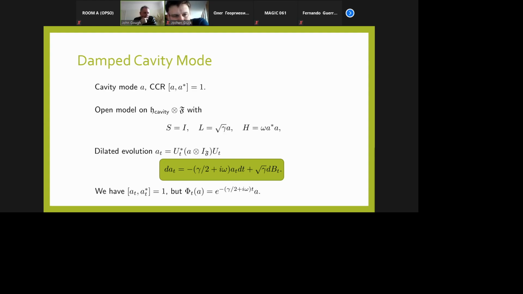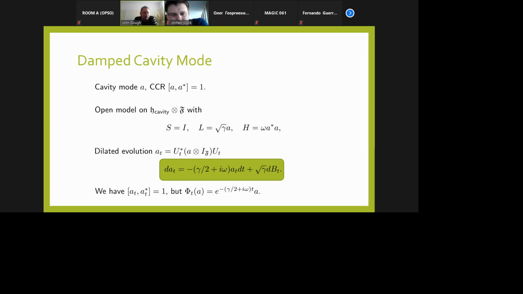What you have is a complex damping, but you also have a fluctuating part, and you can think of this as the noise field, really the annihilator noise. If you integrate this and set it equal to just the oscillator itself, A at time t equals 0, you'll actually find that A of t and A of t star have a commutator equal to 1. So it is properly unitary, and we are conserving the commutation relations at time t. Of course, if we average things out, we do pick up complex damping.